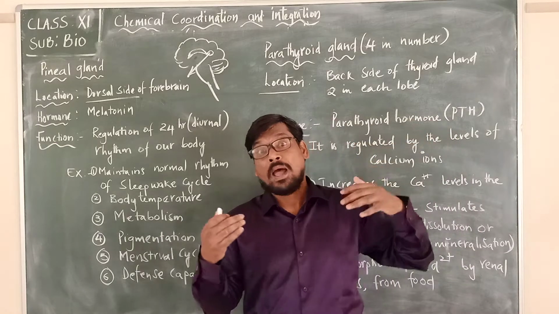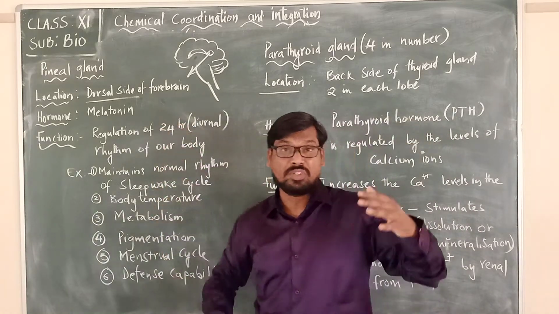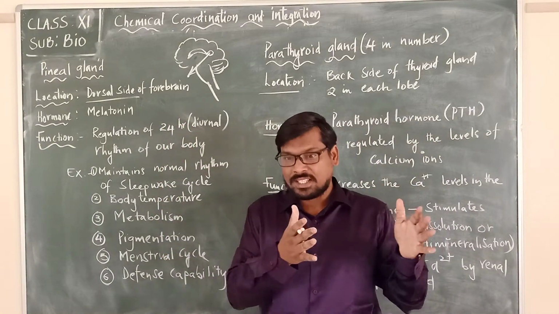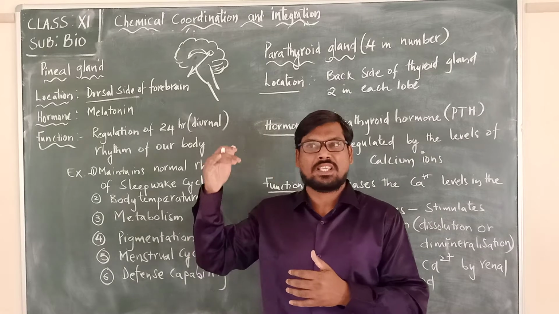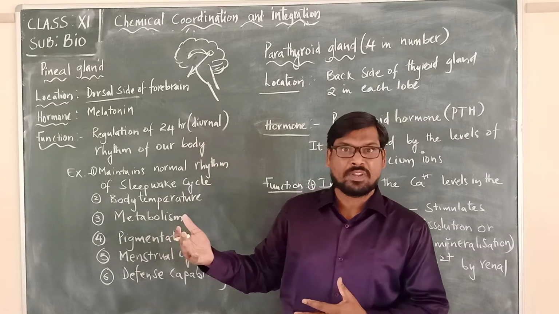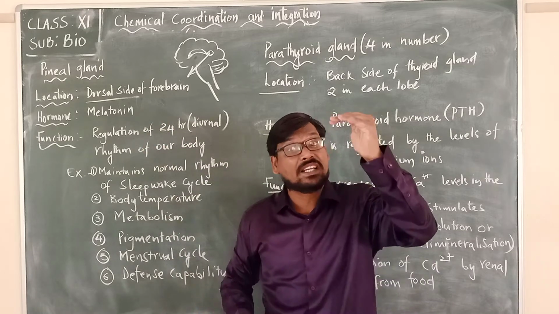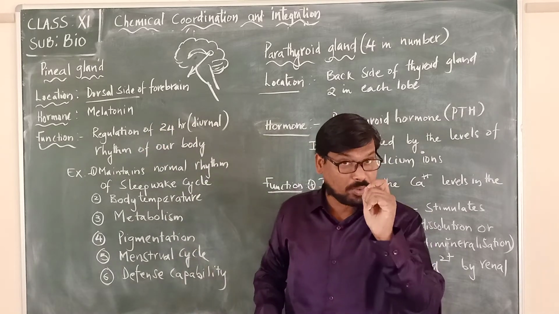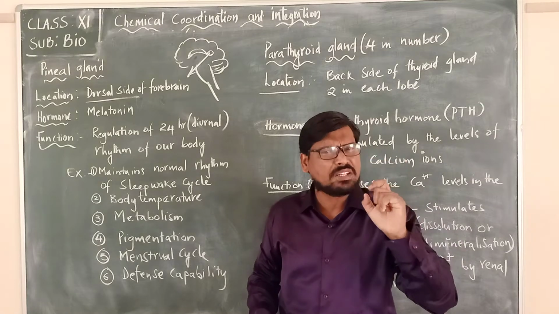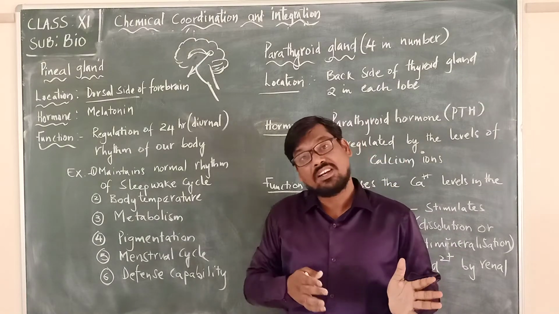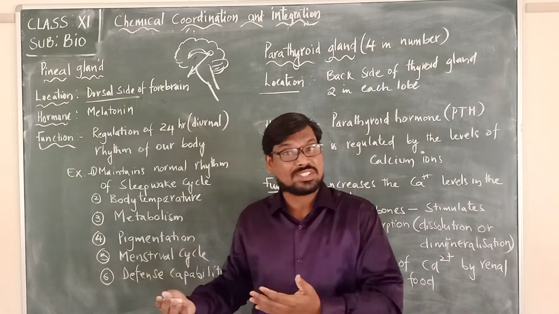As the day passes by, during the evening time, it is said that this hormone decreases in amount and is produced in very little quantity, and it leads us to sleep.